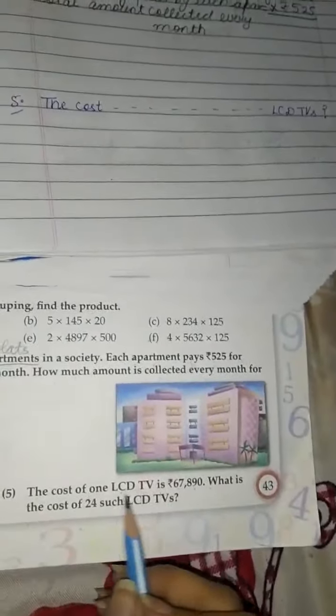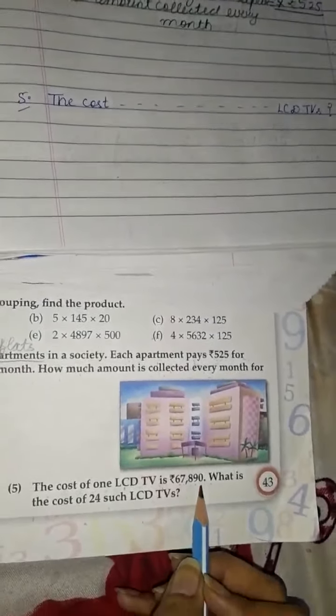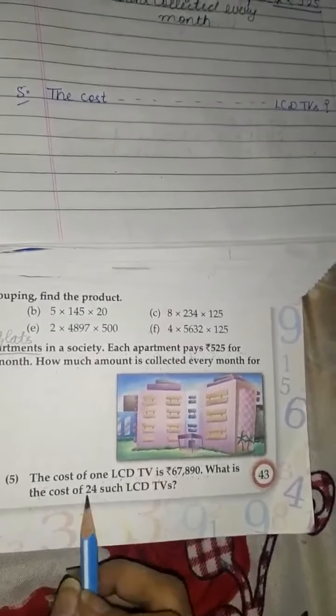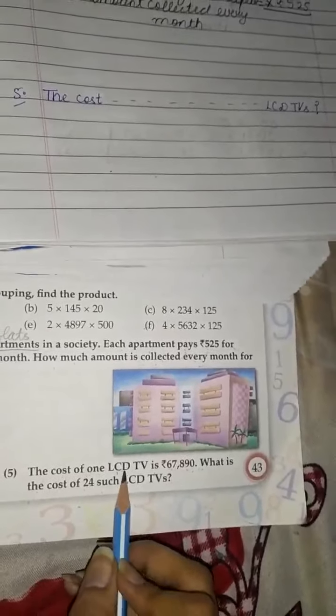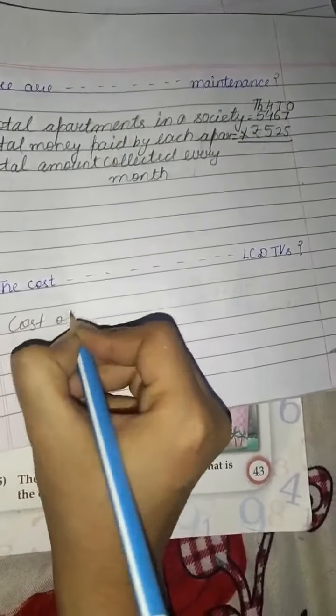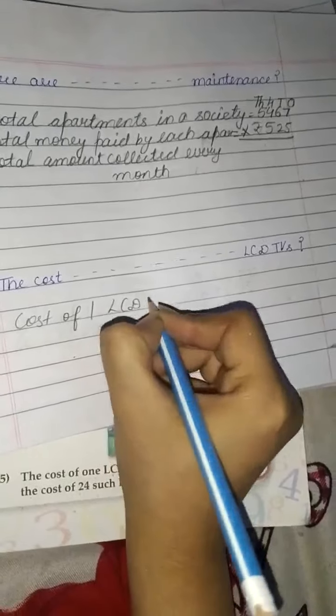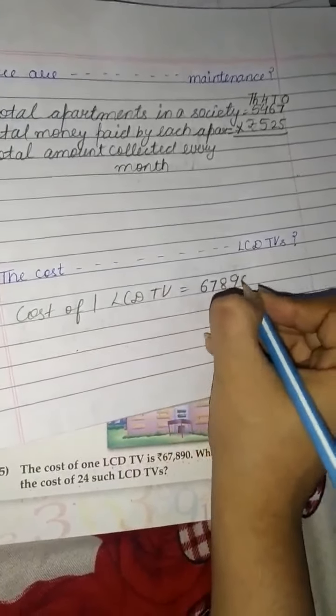Next question is fifth question. The cost of one LCD TV is rupees 67,890. What is the cost of 24 such LCD TVs? We are given the cost of one LCD TV. So write down cost of one LCD TV is 67,890.